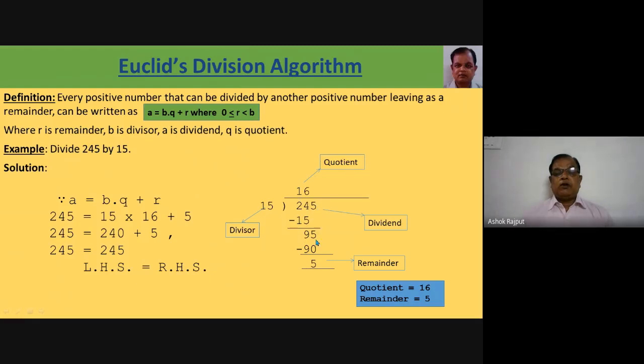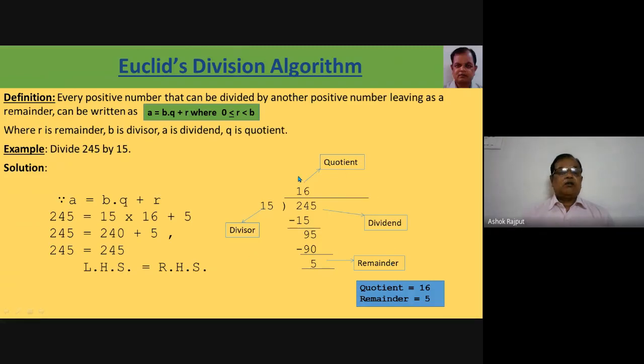We take down 5, then it will be 95. Then 15 sixes are 90. After subtracting we get 5 minus 0, 5, and 9 minus 9, 0. So 5 is the remainder, 245 is the dividend, 16 is the quotient, and 15 is the divisor.